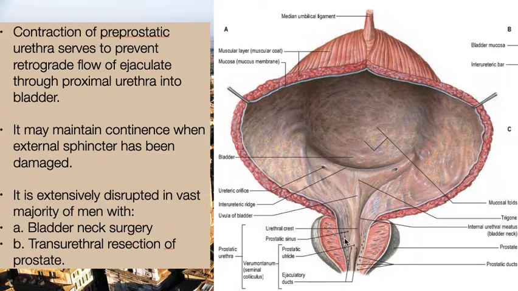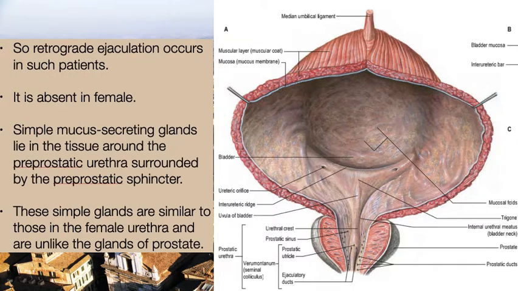It may maintain continence when the external sphincter has been damaged. It is extensively disrupted in the vast majority of men that have undergone bladder neck surgery or transurethral resection of the prostate gland. So in these sort of patients, retrograde ejaculation occurs.